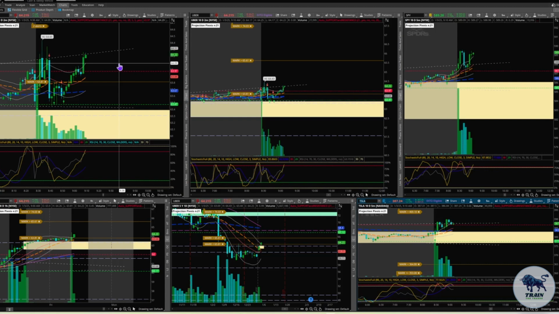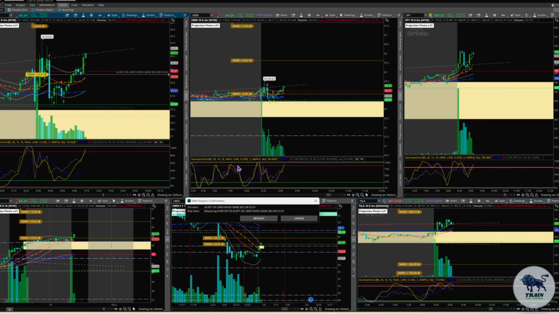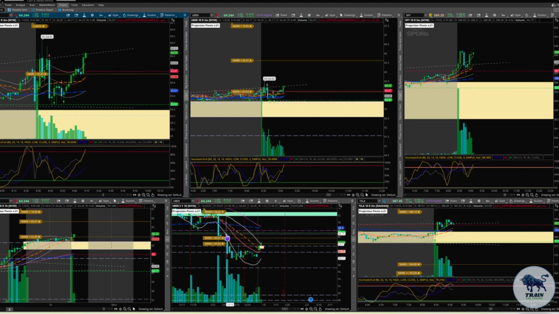And if it gets weak, this alert I have right here on the bottom, this 63.81, I'm going to slide that up right to the bottom of that breakout candle, and now that's my stop loss.